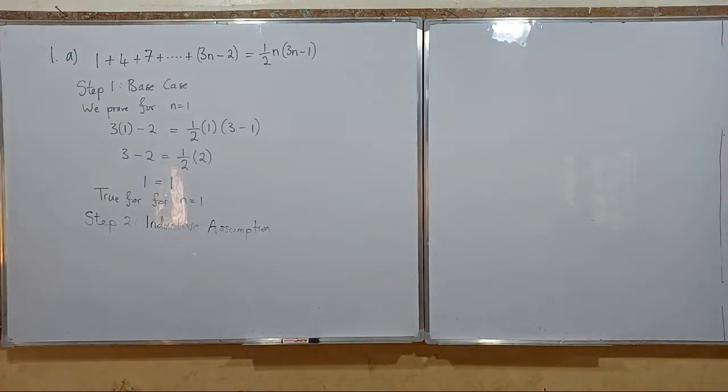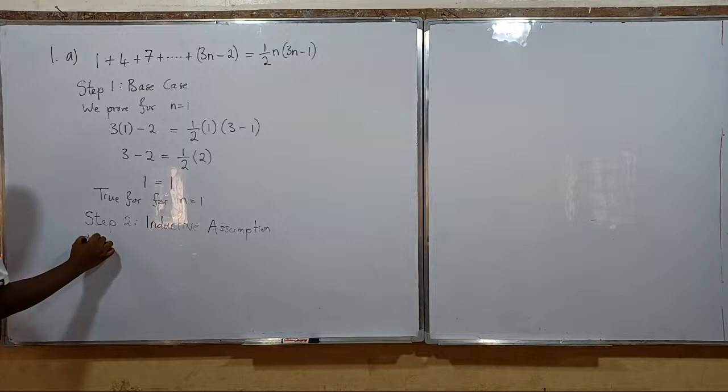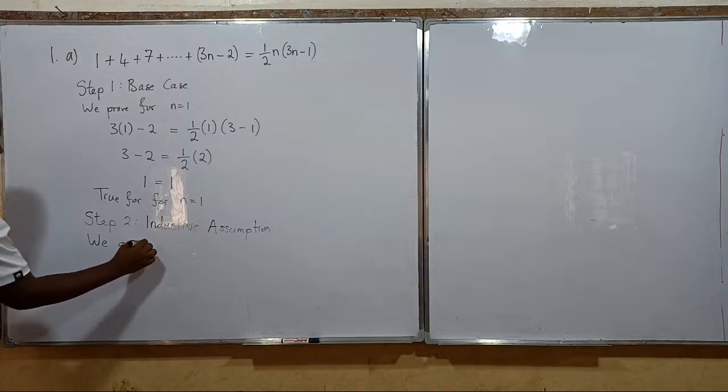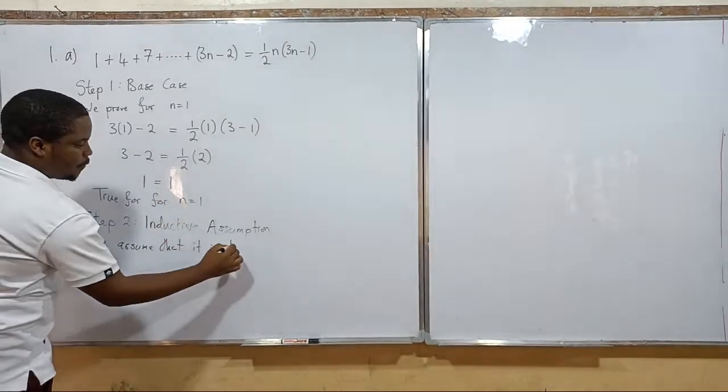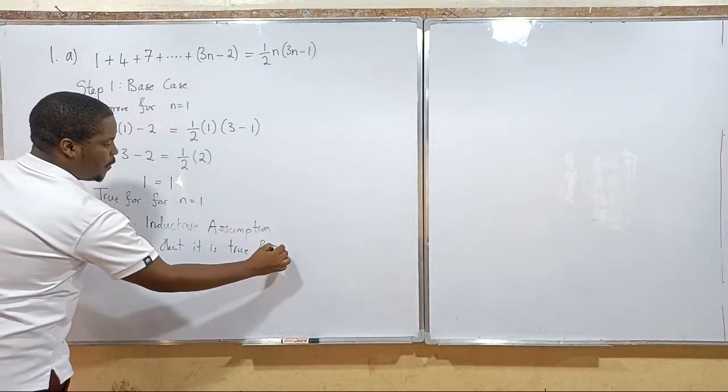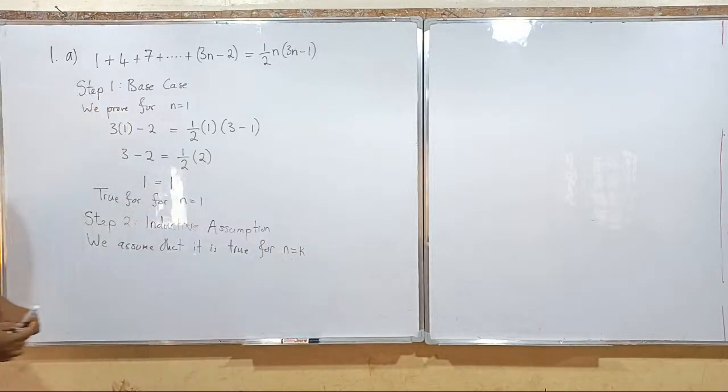So we're just making an assumption. We assume that it is true for n equals k.